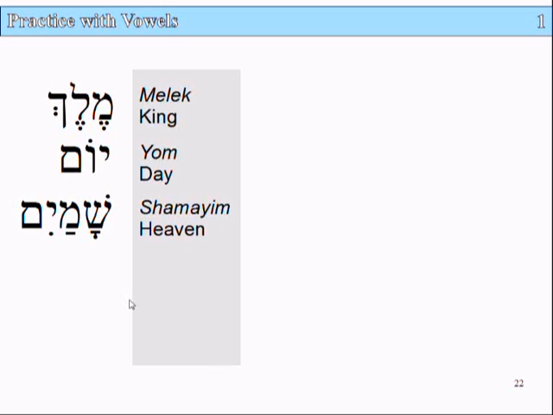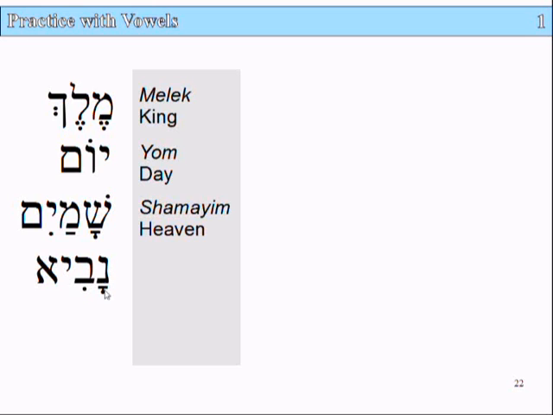Okay, let's have another look at another example. Navi. Nun. It's an aleph, sorry, a kametz, and with a bait, or a veit in this case, it doesn't have a dot in it, so it's a v sound.